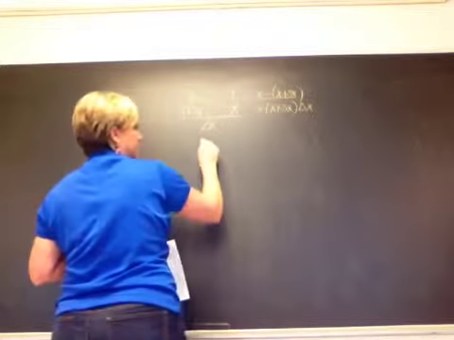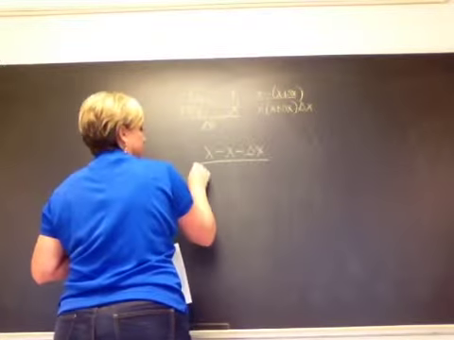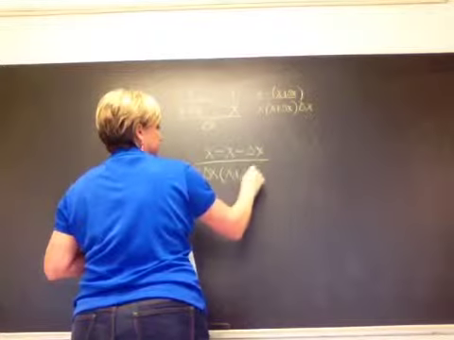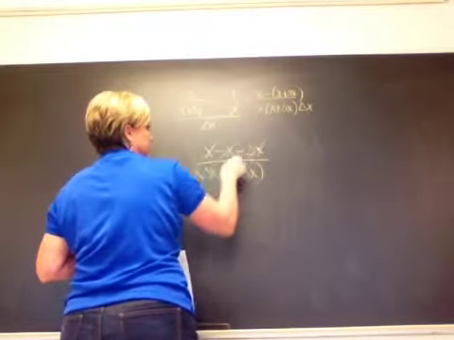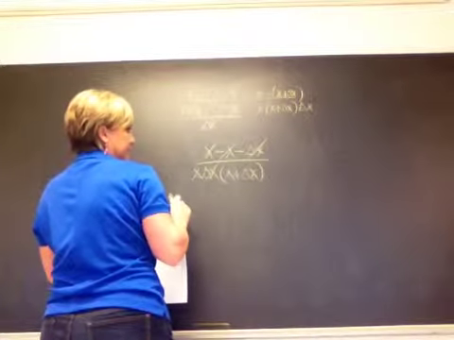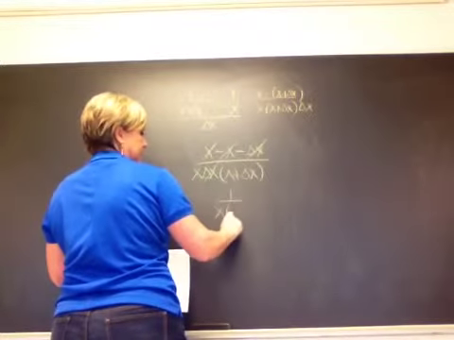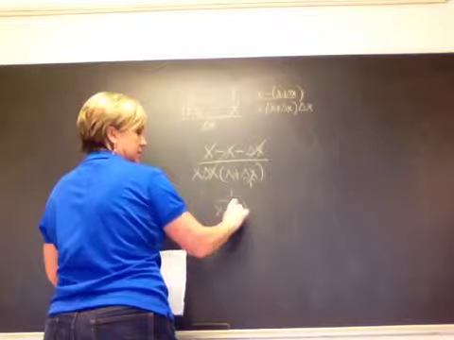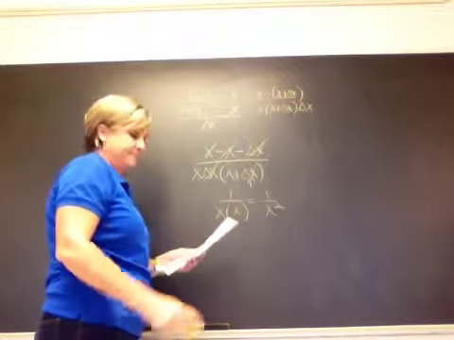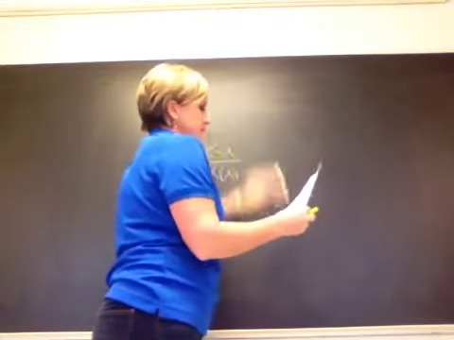So up top you have x minus delta x all over x delta x, x plus delta x. Your x's cancel, your delta x's cancel, and you can plug in 0 for delta x, so it is 1 over x times, when you plug in 0 right there, it just leaves you x, so your answer should be 1 over x squared.